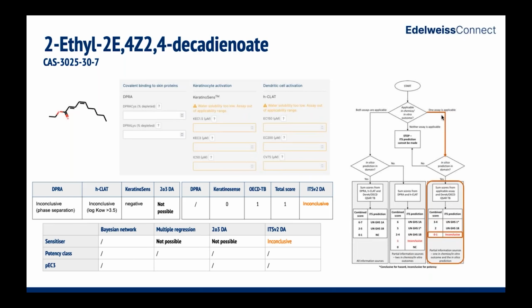Only one assay is available and in silico prediction is there, and it is within domain, and the total outcome is inconclusive. So this is what is also interesting within this new guideline, that an inconclusive result is possible and it could be submitted, and maybe when 2 new assays are added, it will give much more weightage, and hazard assessment and potency classification would become much easier.